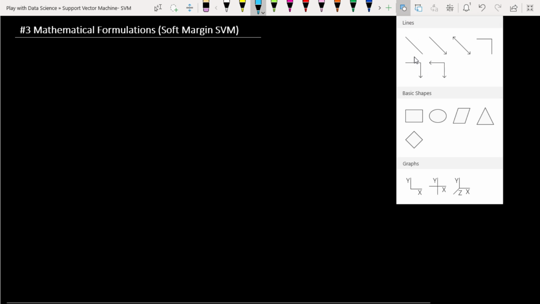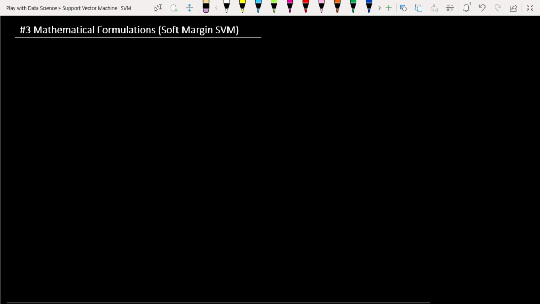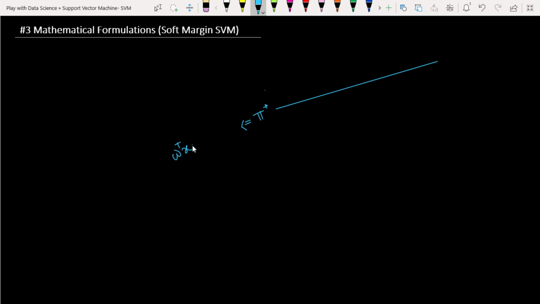For the pi plus plane I am using blue ink as usual. This is our pi plus plane, and the equation of our pi plus plane is W transpose xi plus b is equal to 1.